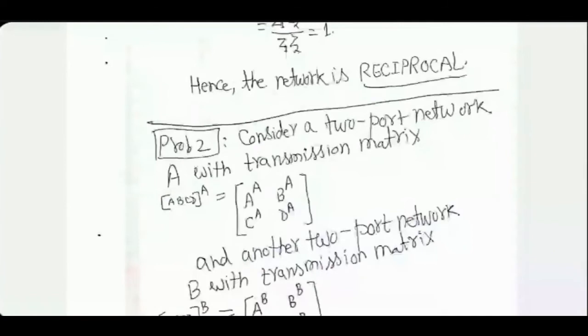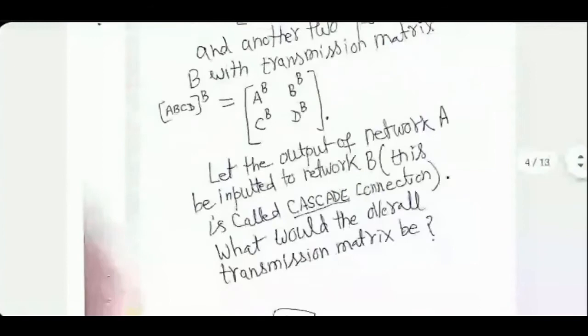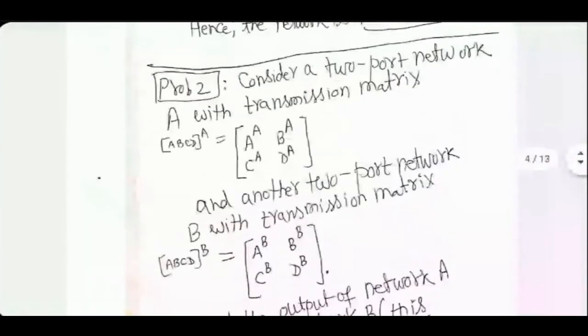There's a third category of connection called cascade connection. It means the output of one network becomes the input of the next network. In that case, although you can still use Z parameters and Y parameters, it has been found that it is mathematically more convenient if we use ABCD parameters.